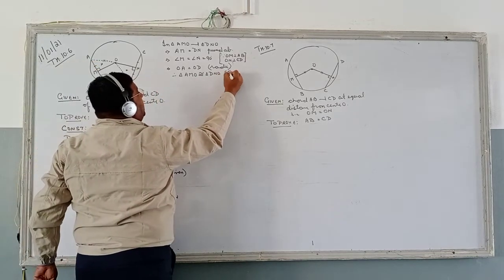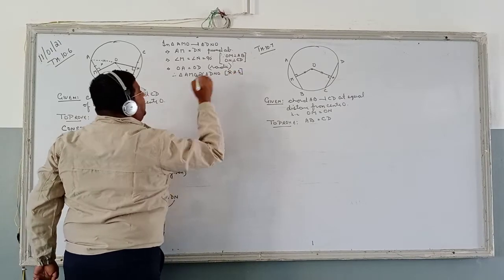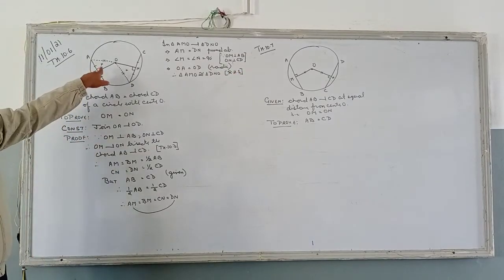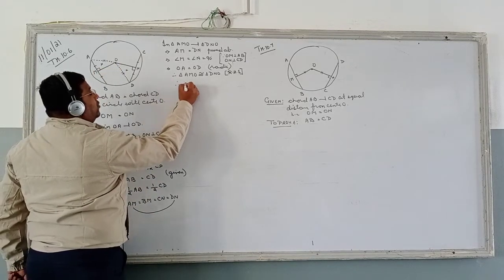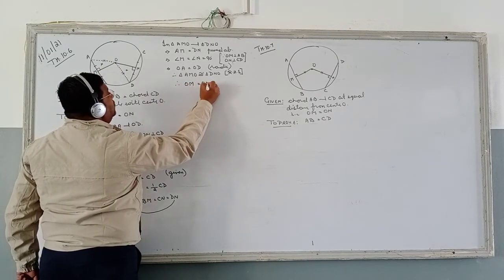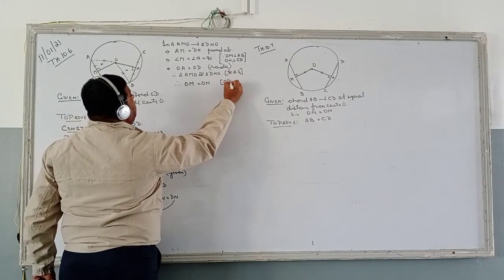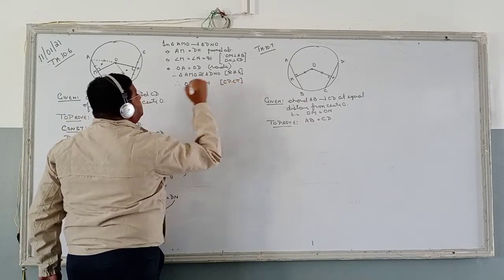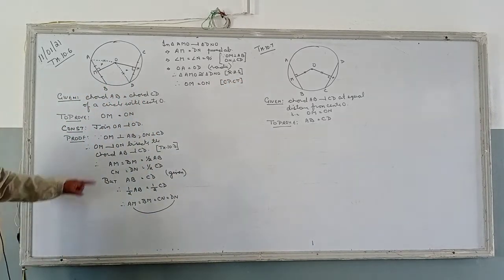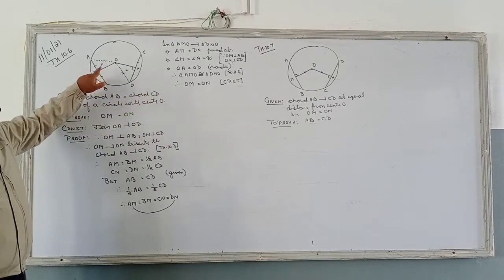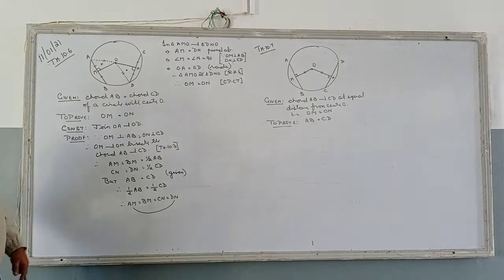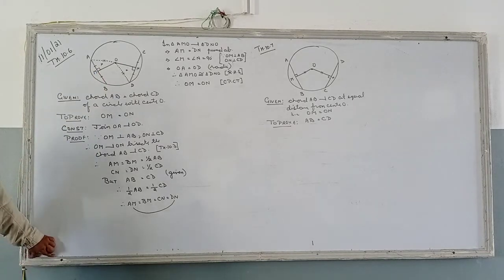By RHS. And if these two triangles are congruent, will the side OM equal ON? So therefore, OM equals ON, reason CPCT, corresponding parts of congruent triangles. If the chords are equal, then their distances from the center are also equal.